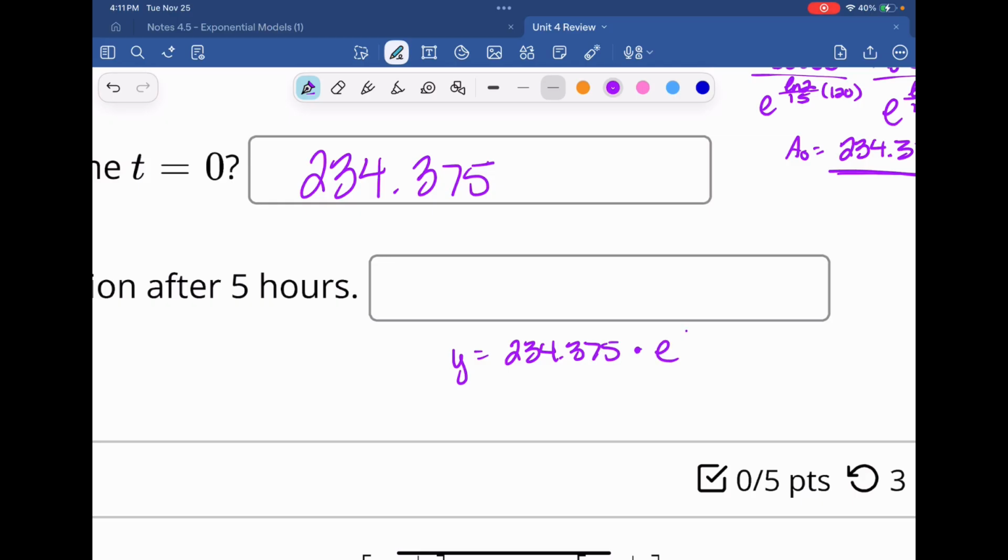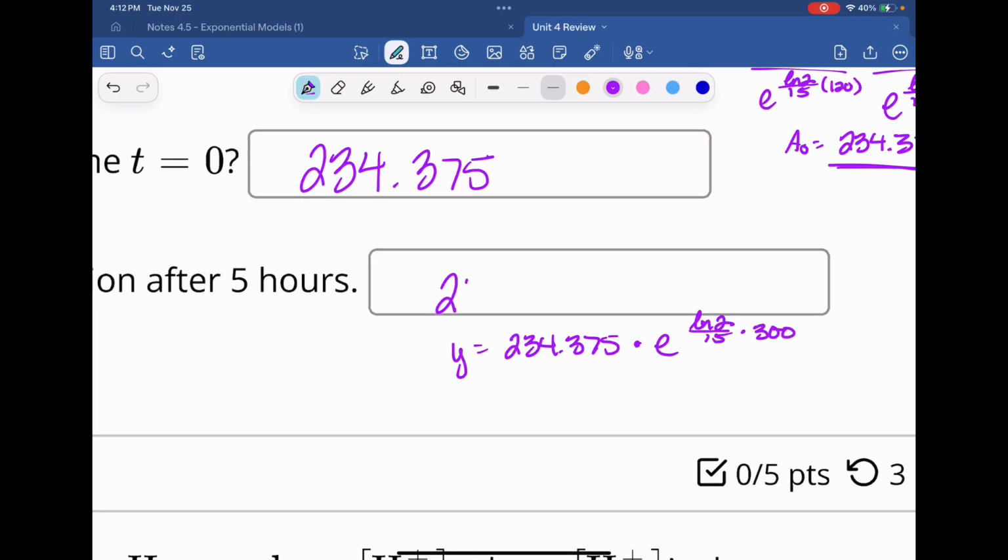Times e to the ln of 2 over 15 times 300. So 245,760,000 bacteria.